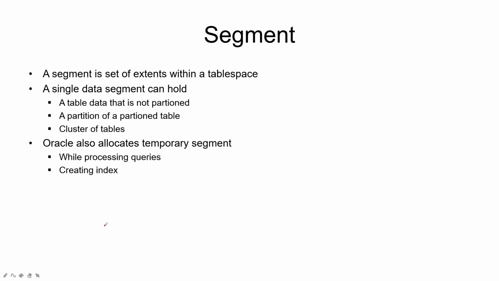Next, I have mentioned that Oracle also uses a temporary segment. What is a temporary segment? Why is it being used? Oracle creates the temporary segment, generally, as a temporary workspace for doing some temporary work, like when it can't do it in memory.